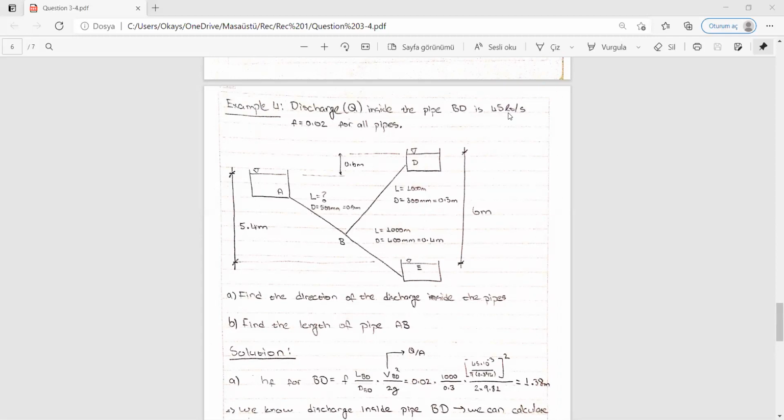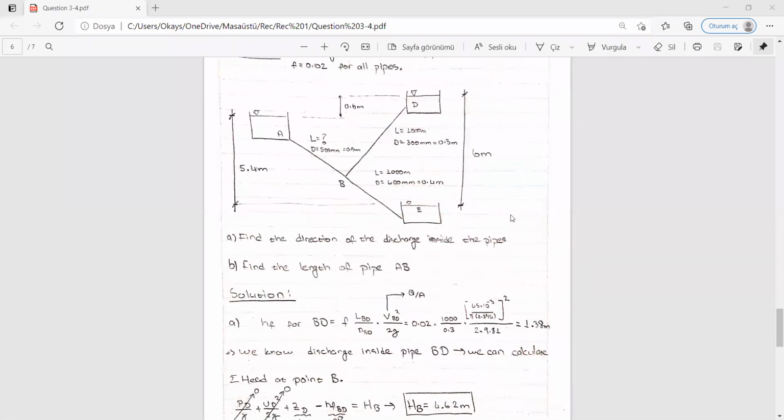The discharge is 45 liters per second, which means 45 times 10 to the minus 3 cubic meters per second, and the cross-section area is pi times the diameter squared divided by 4. At the end, the major head loss is equal to 1.38 meters. We got the major head loss.